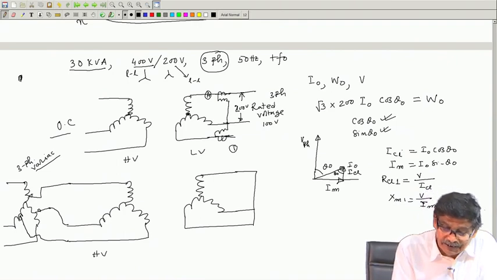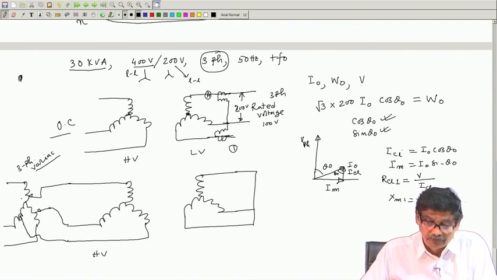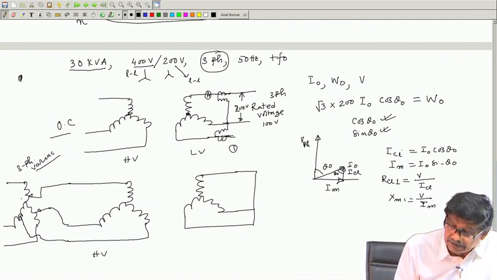Auto transformer means in this winding you use different sections of wire, and you get an advantage. Anyway, you measure the voltmeter reading here, VSC, you record the current, and you connect 2 wattmeters.